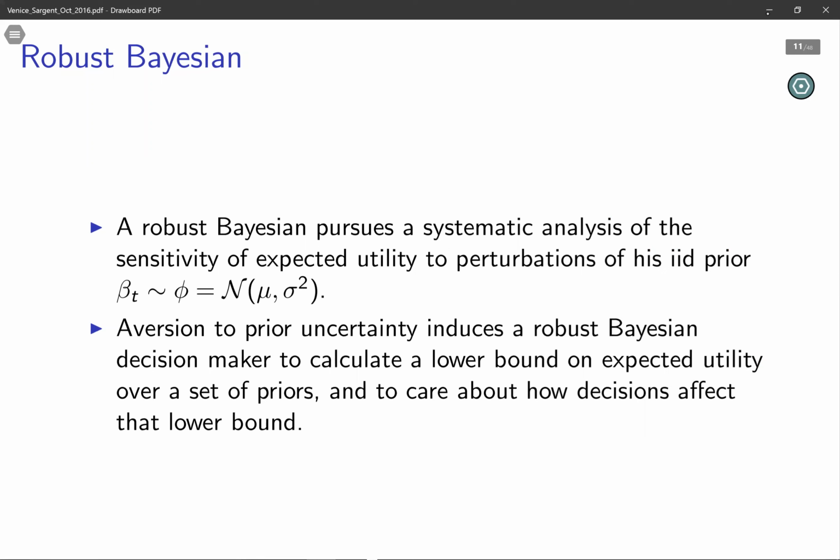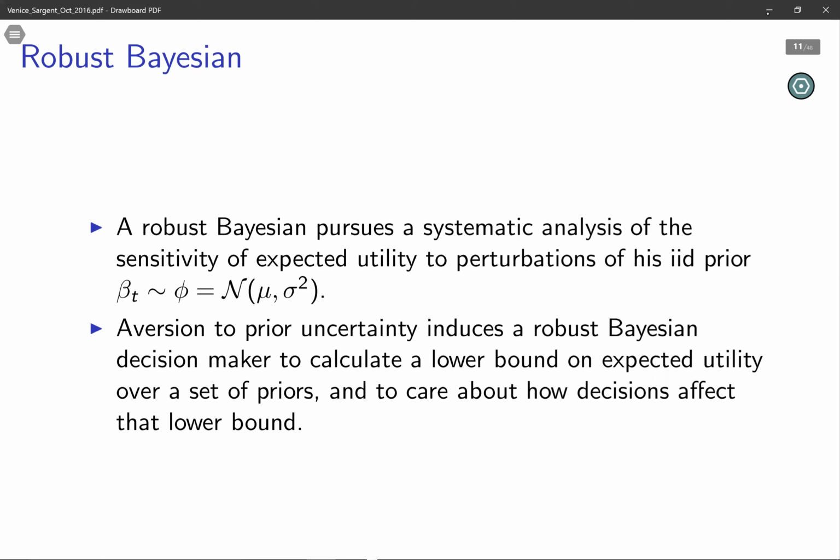He's going to describe that set of priors, and then he wants to know, if he makes a decision, how does the decision rule perform across the whole set of priors? And he wants to construct a lower bound. Constructing bounds is a big part of Lars's philosophy.